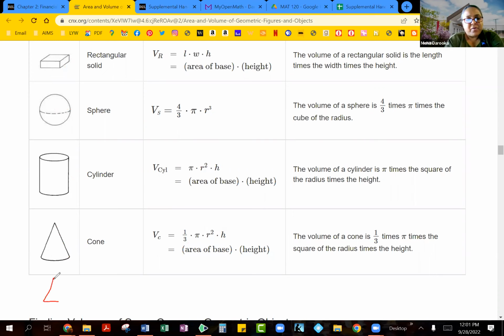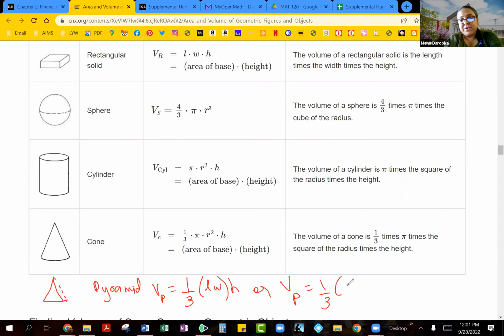And then remember, for a pyramid, it would be 1/3. This could be length times width multiplied with height, or if you have a square on the bottom, this would become 1/3 side times side, or side square times the height. That's the formula that I was showing you earlier.